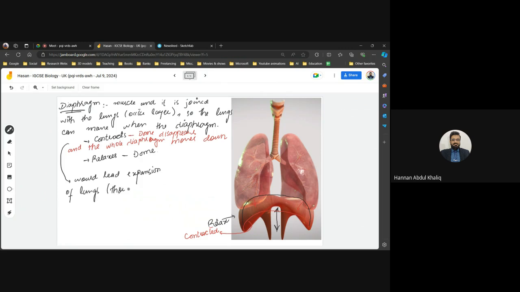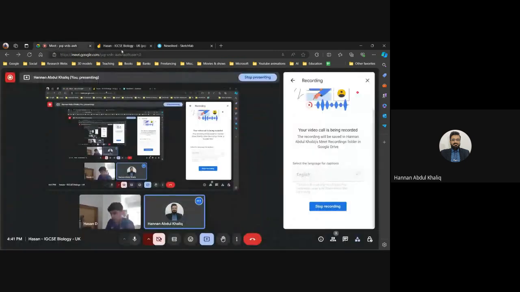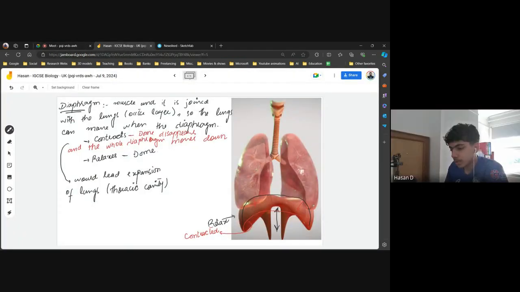Okay, what is the meaning of thoracic? Do you know what is the meaning of thoracic? Does it have something to do with the thorax? What's the thorax?